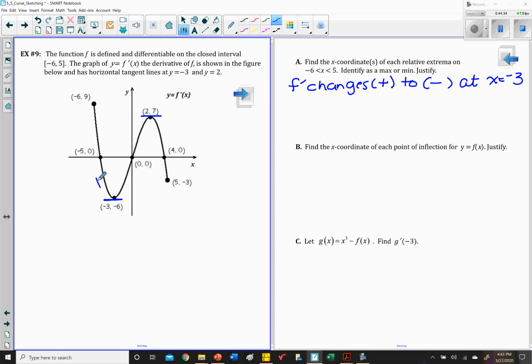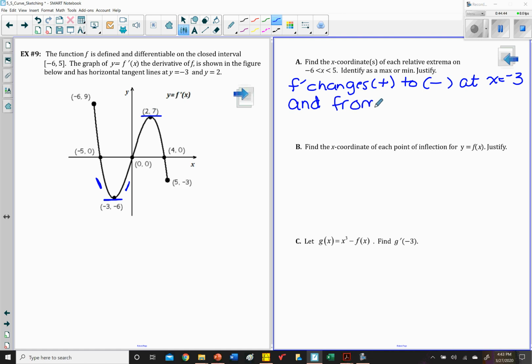So we're changing from decreasing to increasing, if you wanted to say it that way. And from, I'm sorry, yeah, from, I said it backwards. Hold on, that's a mistake. Where f prime changes from negative to positive, or decreasing to increasing, is at -3.